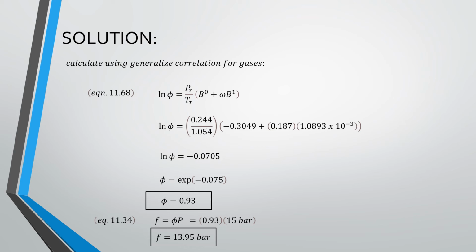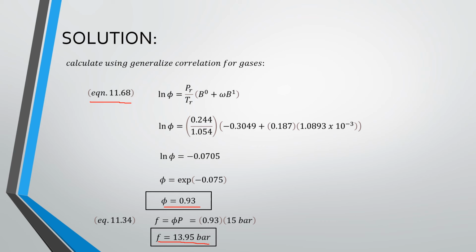Using equation 11.68, we get a value of phi equal to 0.93. Fugacity is then equal to 13.95 bar.